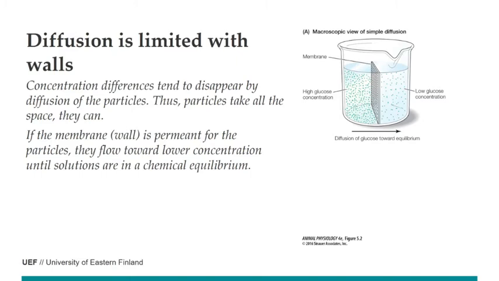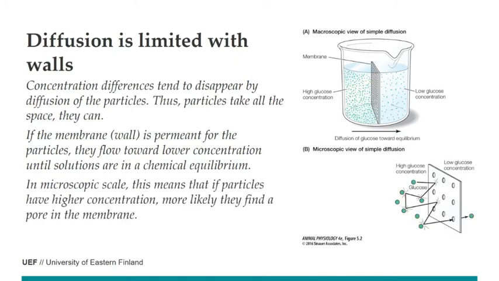If we think of this on a microscopic scale, we have a pore, and the pore can be occupied by these molecules or particles that are going through. If we have a high concentration, it's more likely that these particles will find a pore in the membrane. And that's why they are going from the high concentration to low concentration.